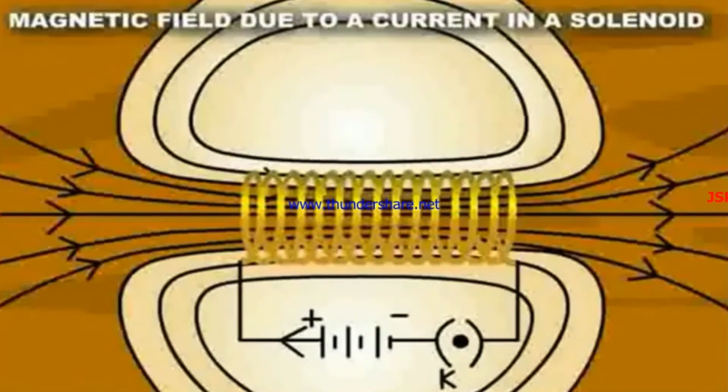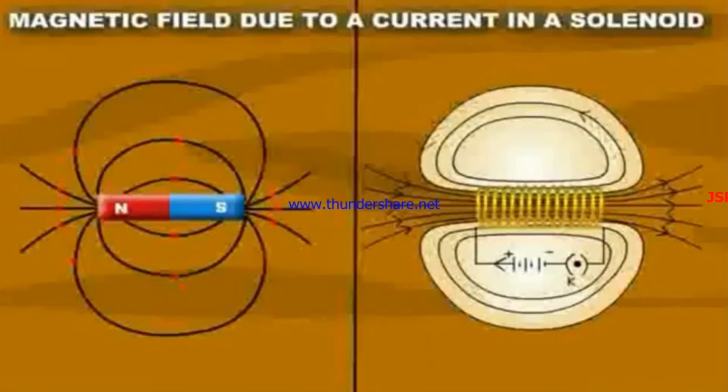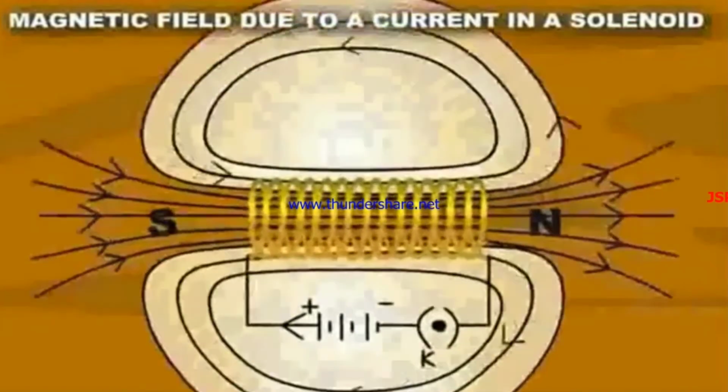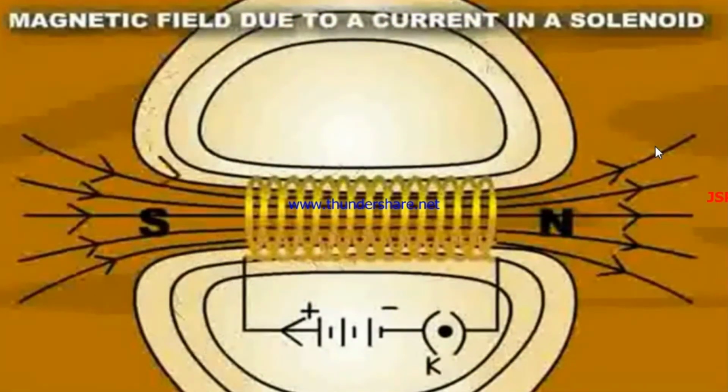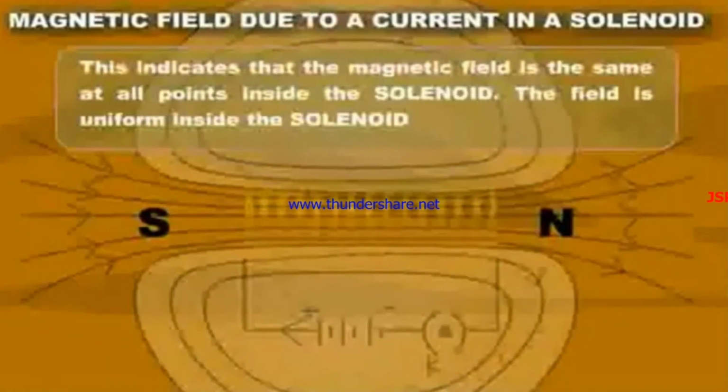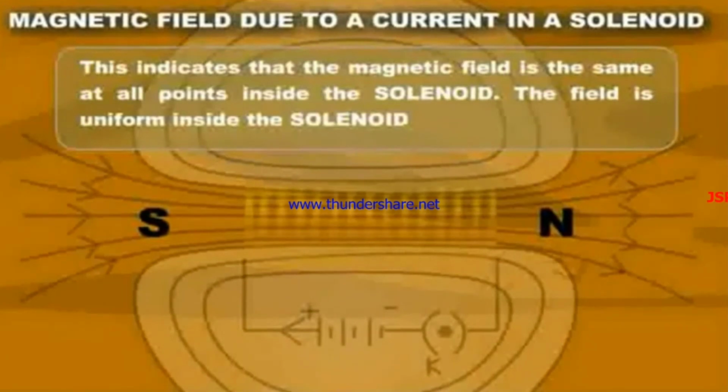For an ideal solenoid, in which turns are tightly packed and their number is very large, the magnetic field at a point outside the solenoid is practically zero. This indicates that the magnetic field is the same at all points inside the solenoid. The field is uniform inside the solenoid.